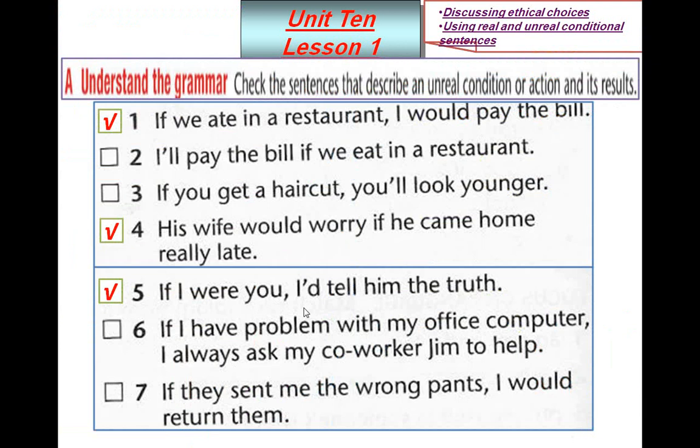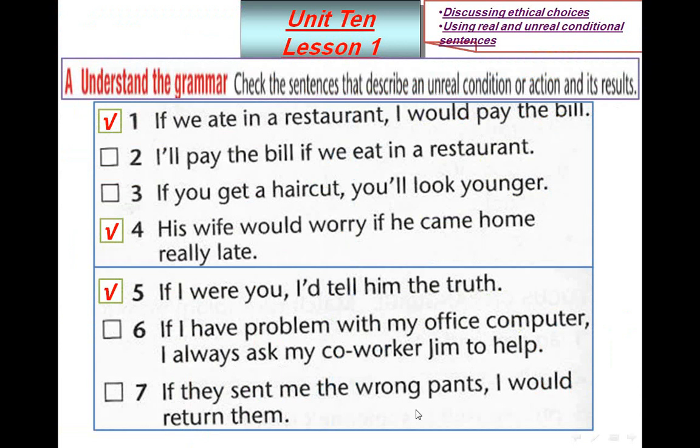Number 6, if I have a problem with my office computer, I always ask my coworker Jim to help. So what do you think? That's real. Very good. If I have, that's present simple, I always ask my coworker, that's also present simple.